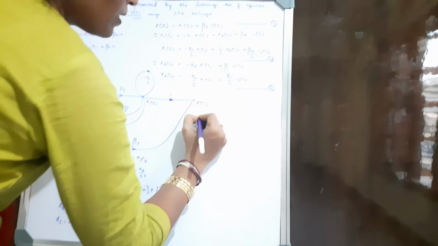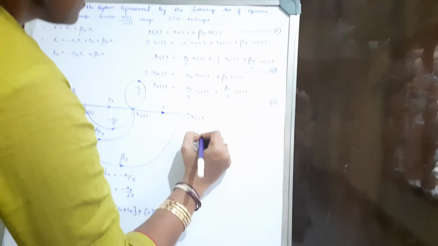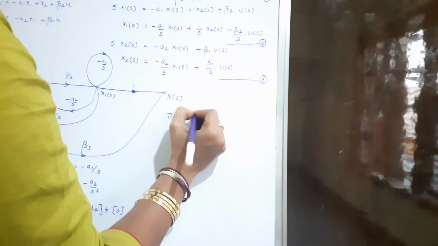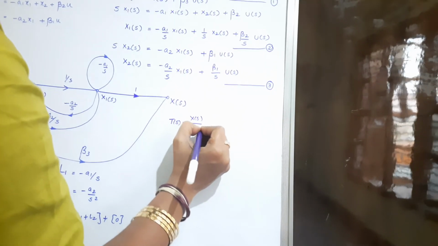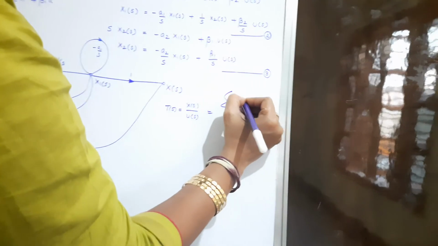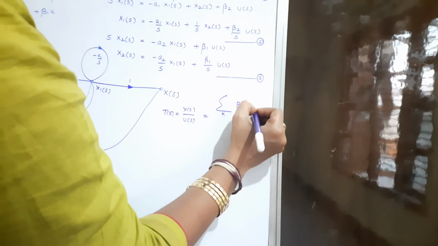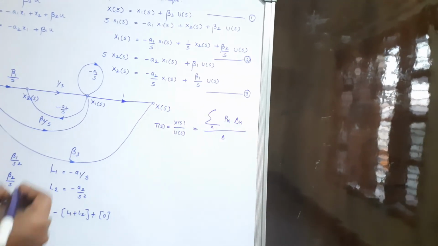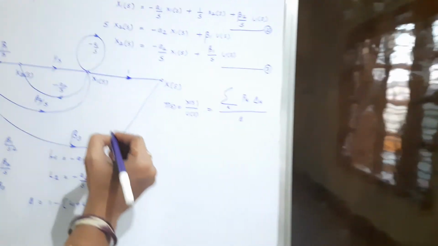Now is to substitute in the transfer function. T of s is given by x of s by u of s. Here I am going to take the same thing. So this is the summation for all values of k, pk delta k divided by delta. Just go on substituting here.